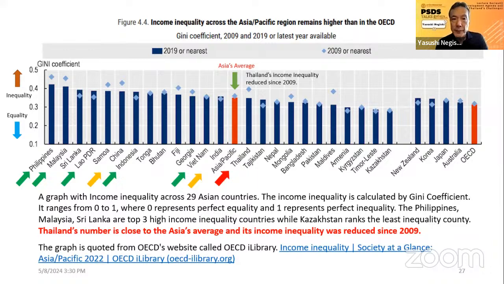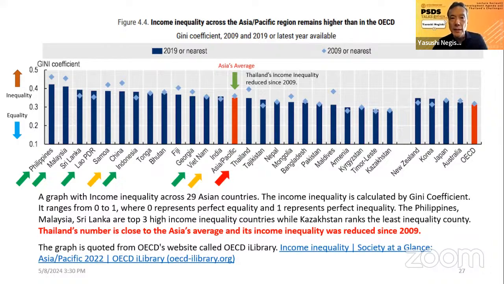And this light blue indicates the Gini coefficient in 2009, and the blue bar indicates the Gini coefficient in 2019.